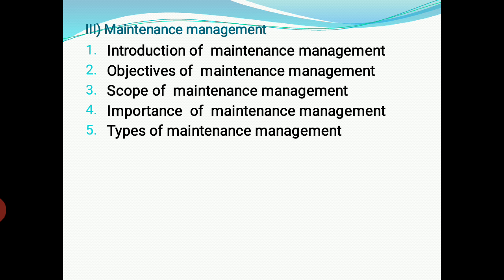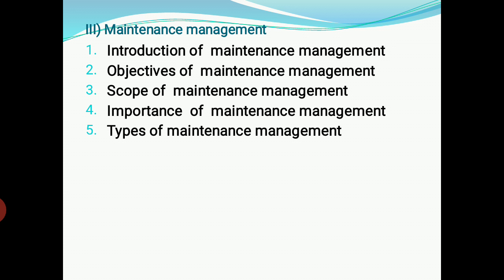That means the purpose for which they have been installed has to be fulfilled, and for that reason it is maintenance management that works as a part of the production management department to check, to see, and to take care that all the equipments, all the machines, maybe all the facilities in the factory or plant are in good condition and give the best results. And for that purpose maintenance management is performing its duty.